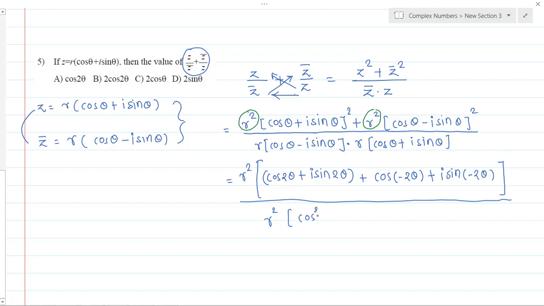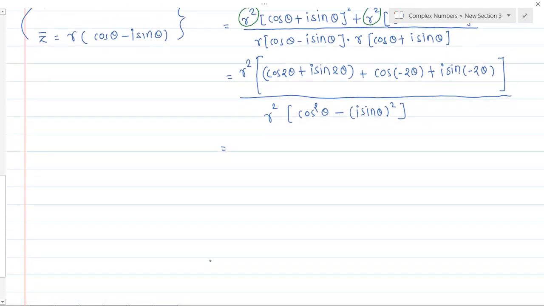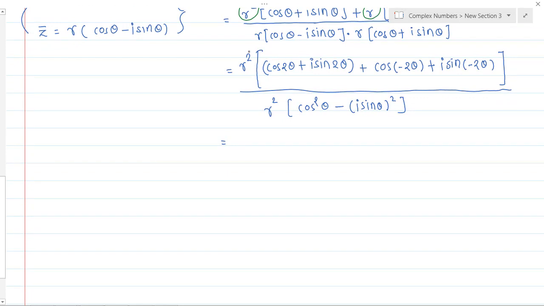So cos square theta, a square, minus what is b? b is nothing but i sin theta. So i sin theta squared. It is equal to, now see here, this r square gets cancelled. What is remaining is cos 2 theta plus i sin 2 theta.